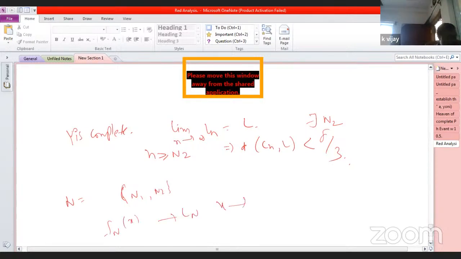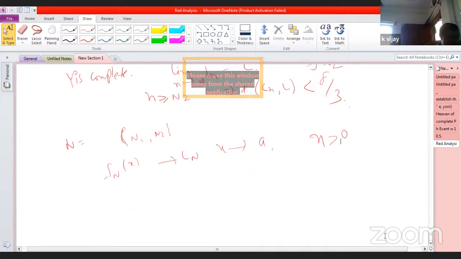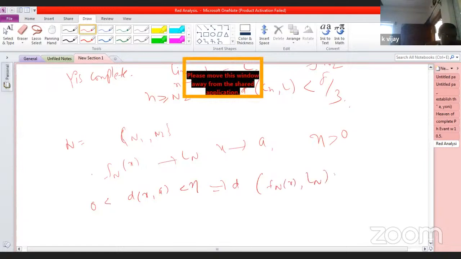So therefore x tends to a and beta greater than 0, 0 less than d(x, a) less than eta. So therefore d(f_n(x), l_n) is less than what? Okay. Just a minute.